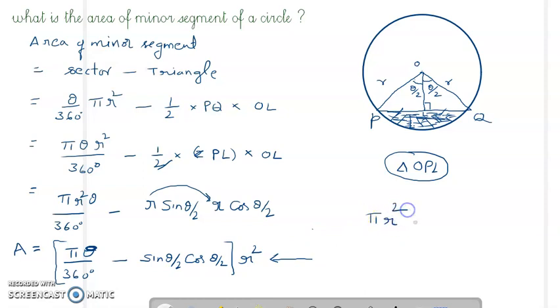Area of circle is pi r square, minus A. This will give you the area of the major segment. So whenever a chord divides the circle into a minor segment and a major segment, with the sectorial angle and radius given, you can find both areas.